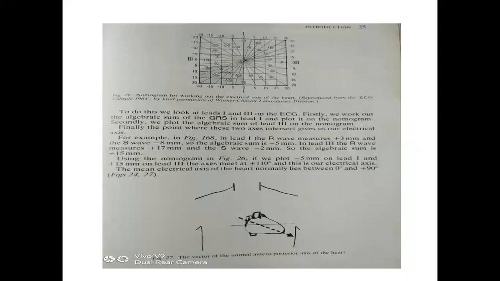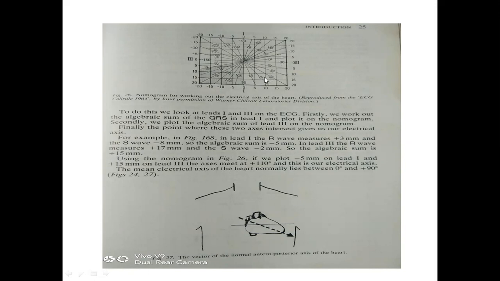Sir, how to count degrees? You can see this on top. See, the degrees are there. Here you can see 90. This is going to be 0. Above that is going to be minus 30. So the heart axis lies between minus 30 and 90.